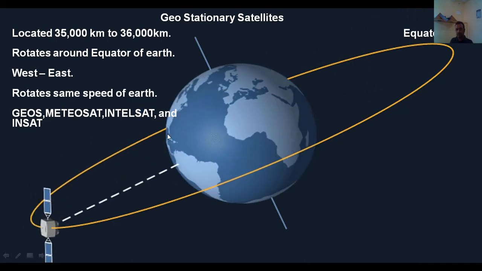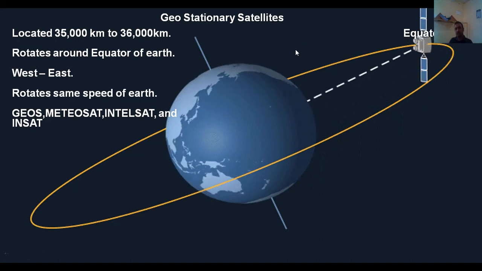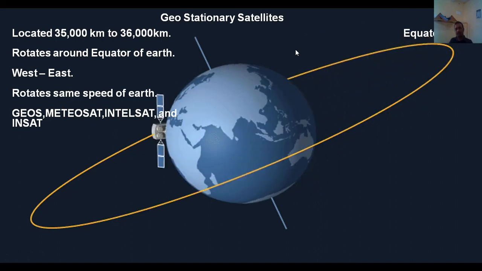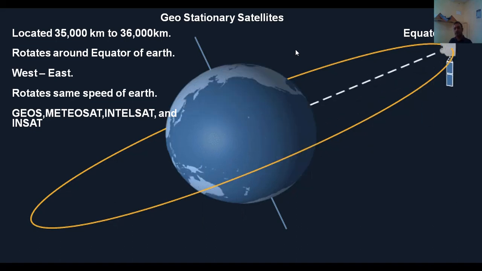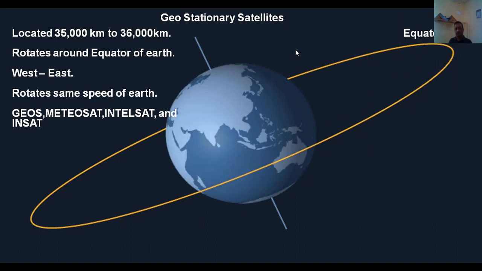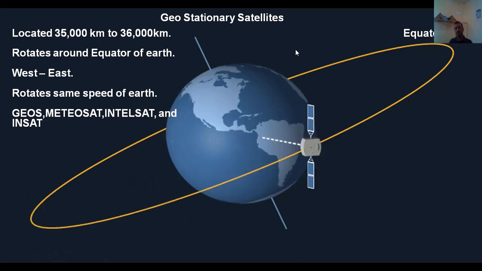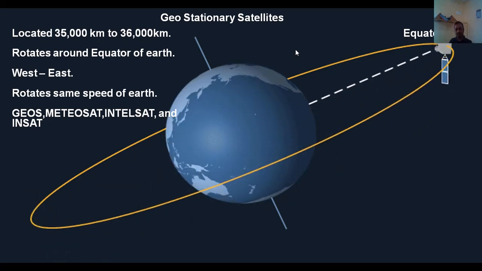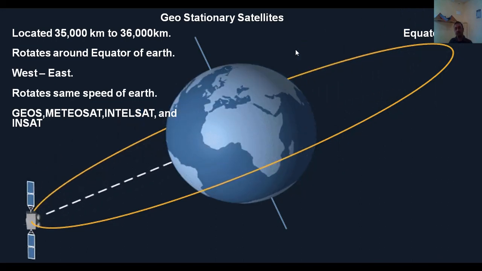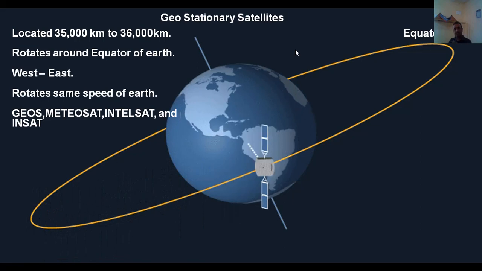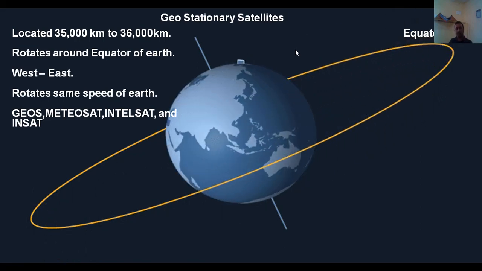If you are looking at this particular satellite, whatever point of time you look, it will be there. But with polar satellites, once you look, it will be there, and only after 90 minutes can you see it again in polar orbit. But in geostationary, it is not like that.